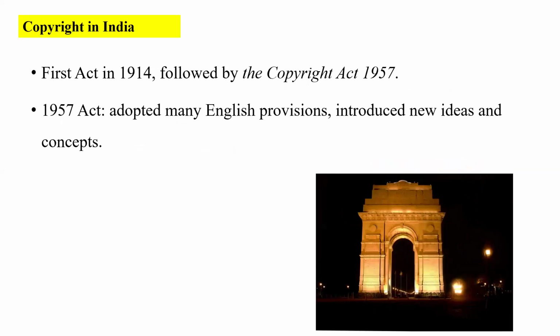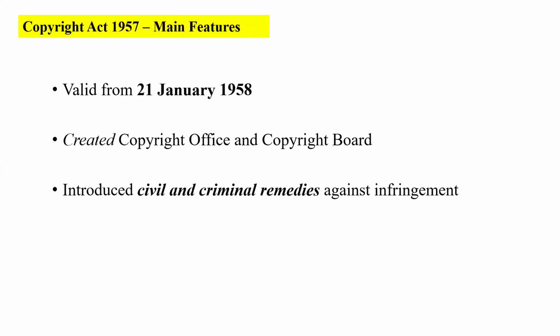Copyright in India started in 1957, and earlier also in 1940. Around 1957, the Indian provisions were adopted, so new ideas and concepts were introduced. As per the 1957 Act, it was valid from 1958. So the Copyright Office and Board and all those details were clearly known.